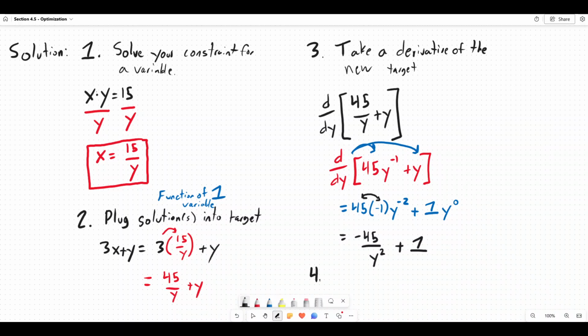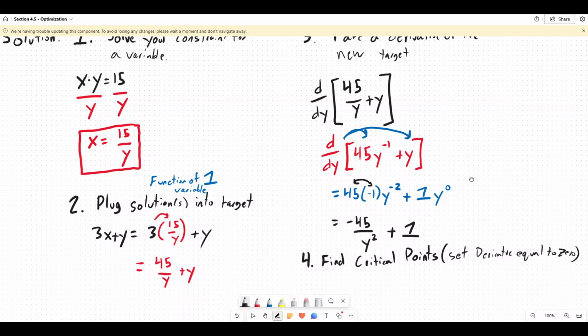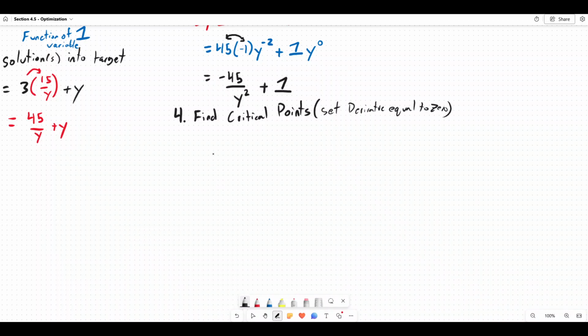And last but not least, step 4, we want to find critical points, AKA, you're going to set the derivative equal to 0. So I'm going to take negative 45 over y squared plus 1 and set that equal to 0.